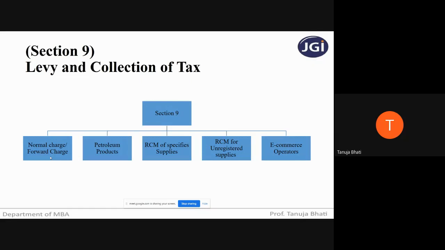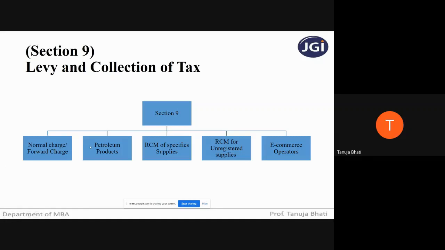So whose responsibility is it to pay the tax to the government? It is the supplier who has to pay tax to the government by collecting it from the recipient. This is called a normal charge or a forward charge.